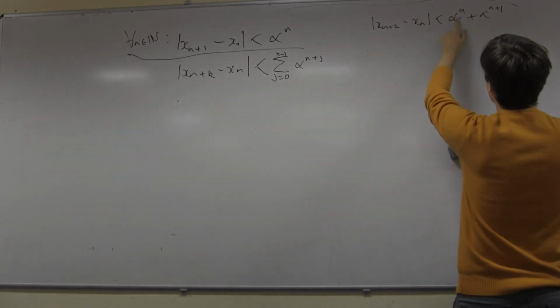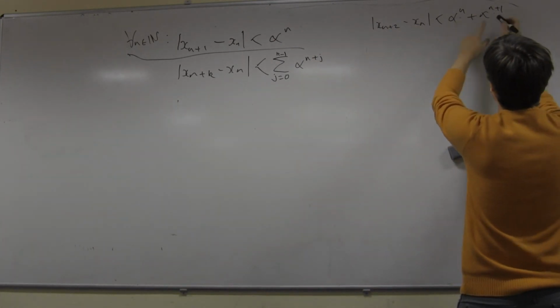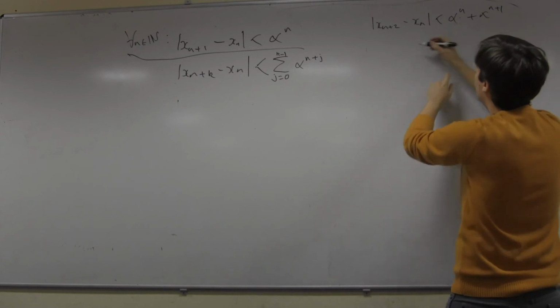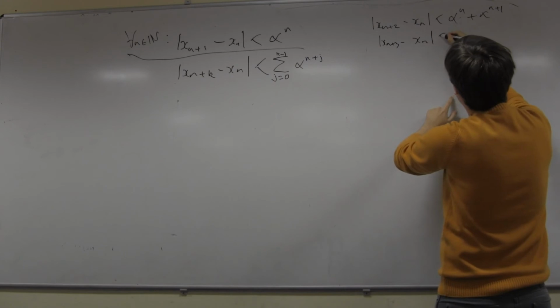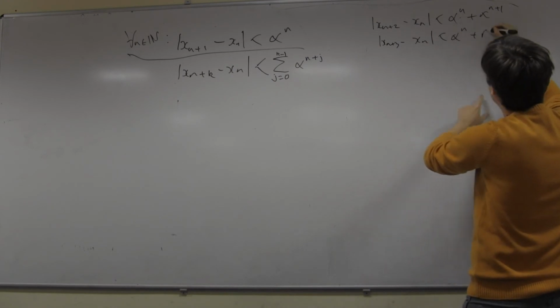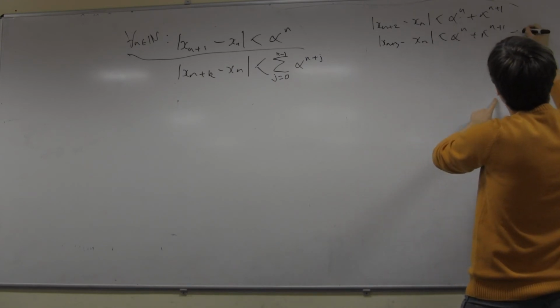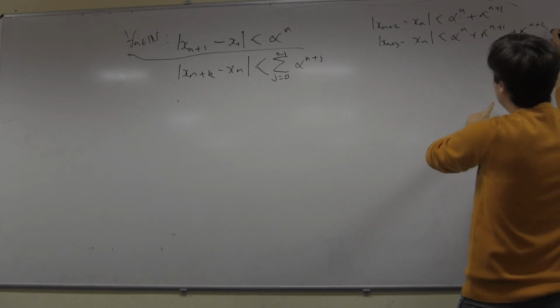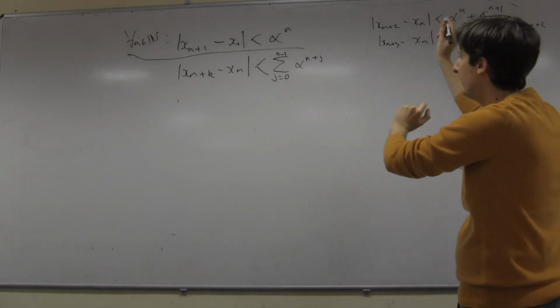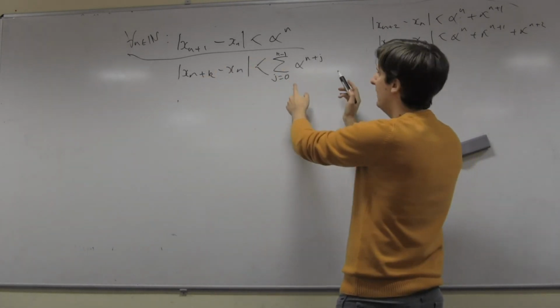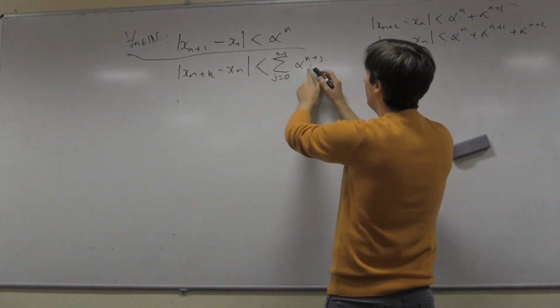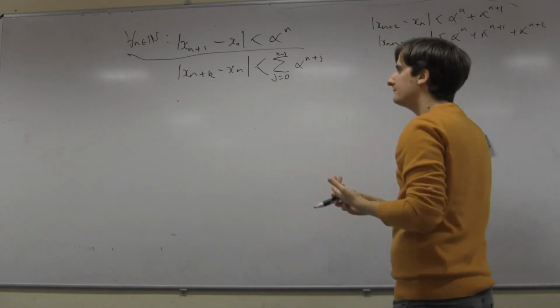You can probably guess that x_{n+3} minus x_n is less than alpha to the n plus alpha to the n plus 1 plus alpha to the n plus 2. That's just a guess, we haven't proven that. So this would be the general case: the sum from 0 up to k minus 1 of alpha to the n plus j.